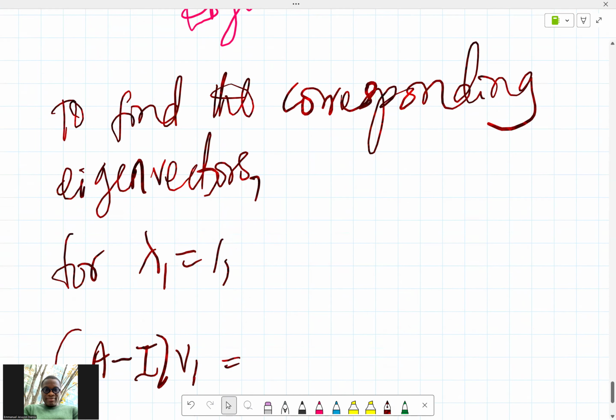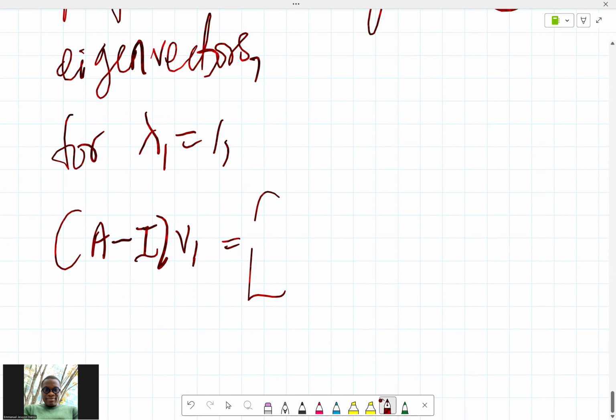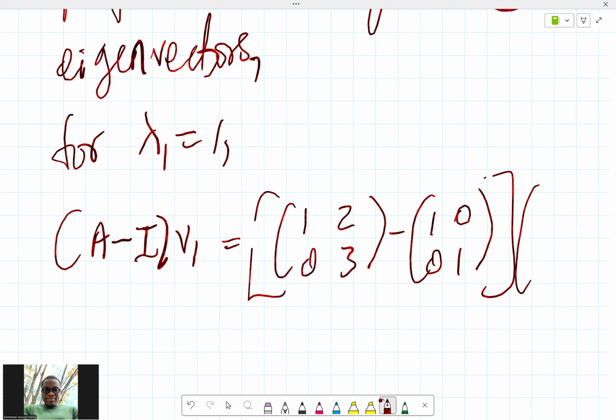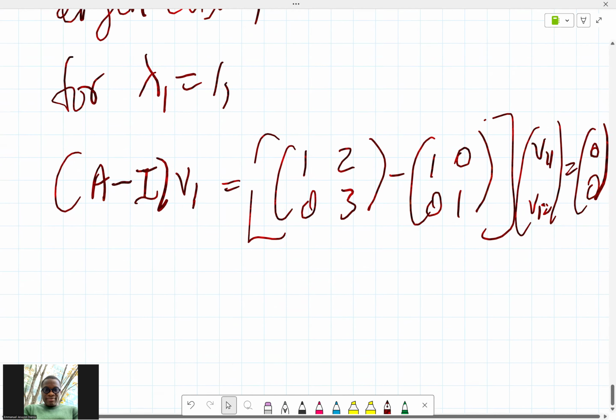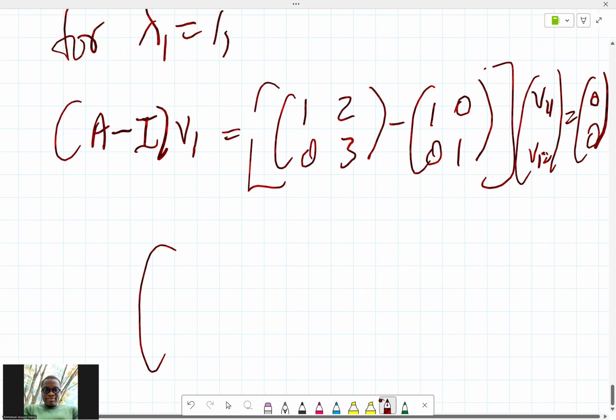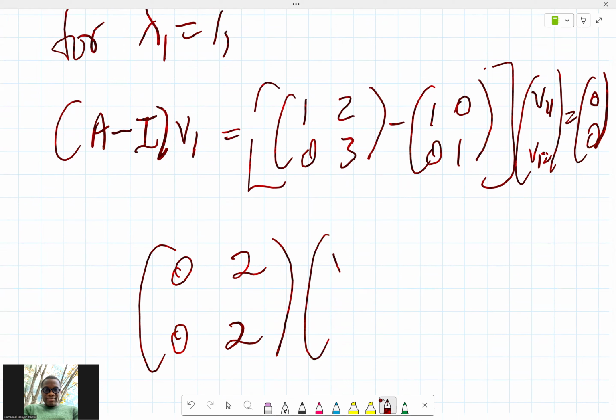Let me just do this. This will be A itself, that is [1 2; 0 3], minus [1 0; 0 1], all of that times the v's, let's say v1,1 and v1,2, equal to 0, 0, like we've always done. So here we have 1 minus 1, 2 minus 0, 0 minus 0, 3 minus 1, that is [0 2; 0 2] times v1,1 and v1,2 equals 0, 0.